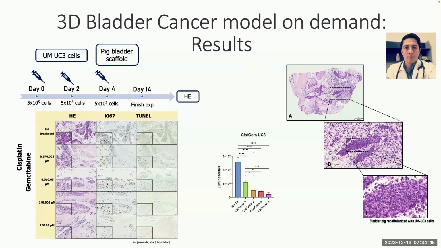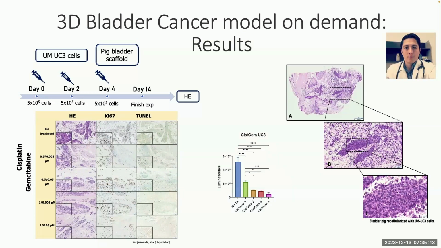The first thing that we did with those decellularized scaffolds, I said, was to first optimize your technique and use UC3 cells as a trial instead of wasting our patient samples. So he started seeding these cells into the decellularized matrices and treated them with cisplatin and gemcitabine.